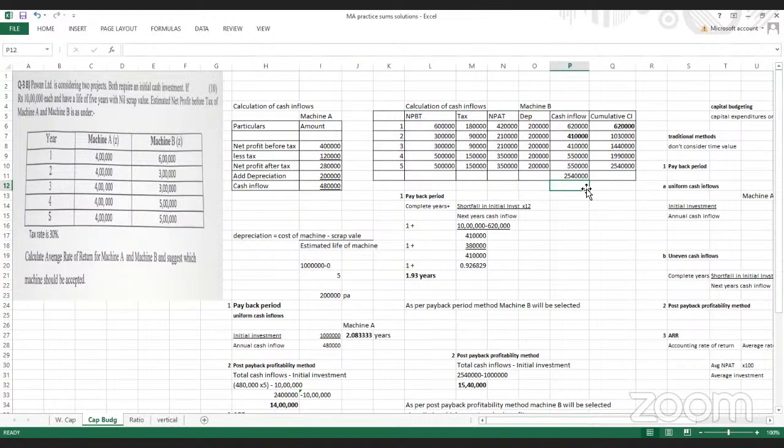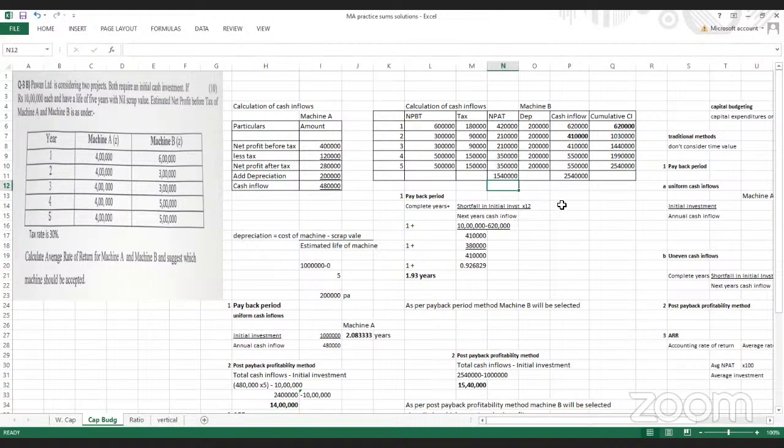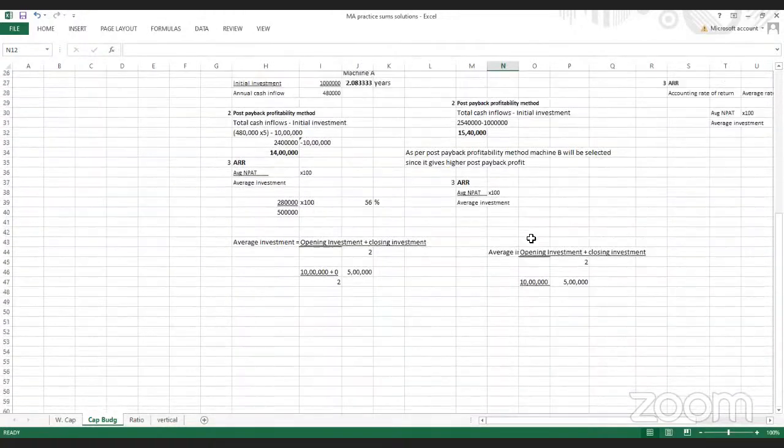So can you see net profit after tax column? Okay. So if we add that column, we'll get total profit made during 5 years. But we want average. So this 15,40,000 is for 5 years. For 1 year, how will we get? If you divide it by 5, we'll get 1 year's average profit. Clear? So just remember this figure, 15,40,000.